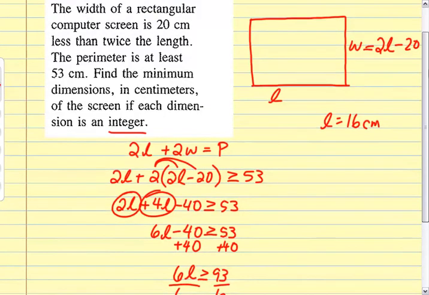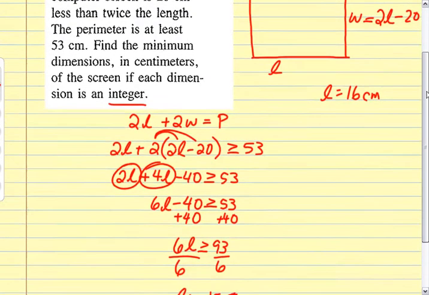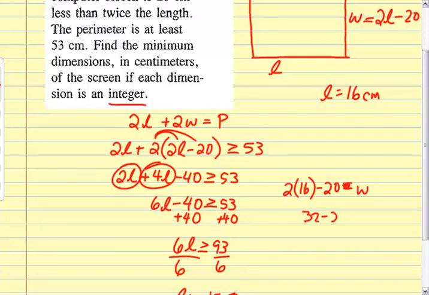So what is my width equal? Well, I just plug in 16. 2 times the length, which is 16, minus 20 is equal to the width. So that's going to be 32 minus 20 is equal to the width, and that means that 12 is equal to the width. So the width is equal to 12 centimeters.